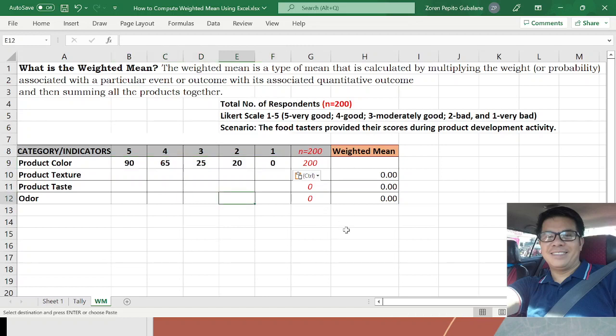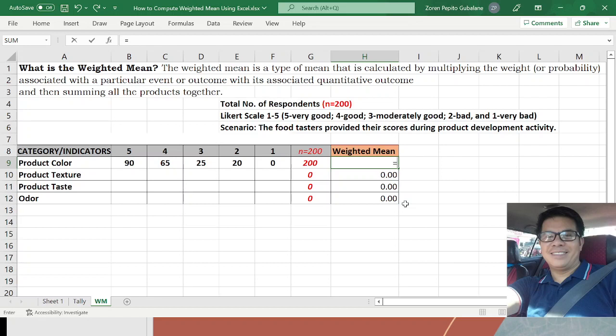As you can see, there is an exact count of 200 for the scores. Now, let us compute using the formula in Excel.